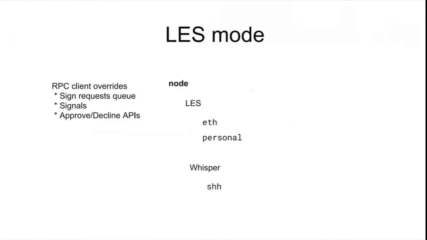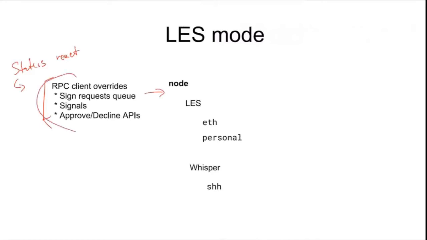How do we solve it? Since we know that our client, for instance Status React, calls some methods that we know, here we just implement some override with the sign request queue, signals, and some approve and decline API. And then this will talk to the node already.